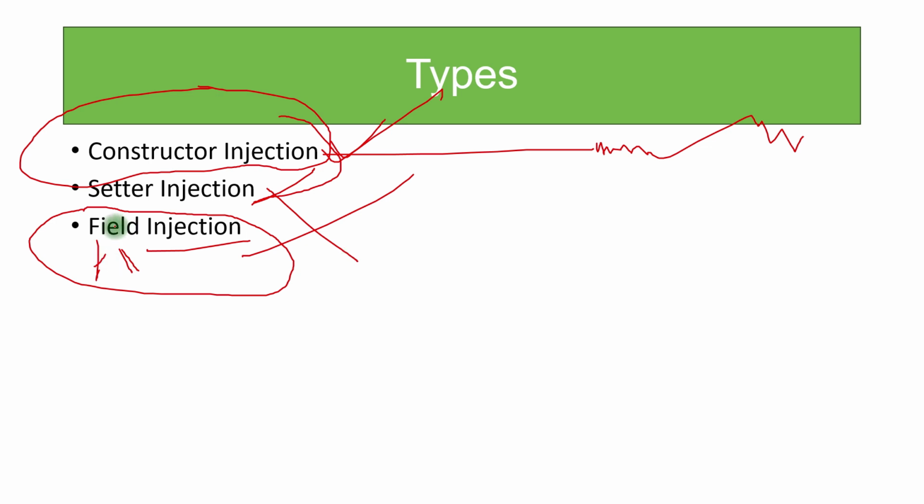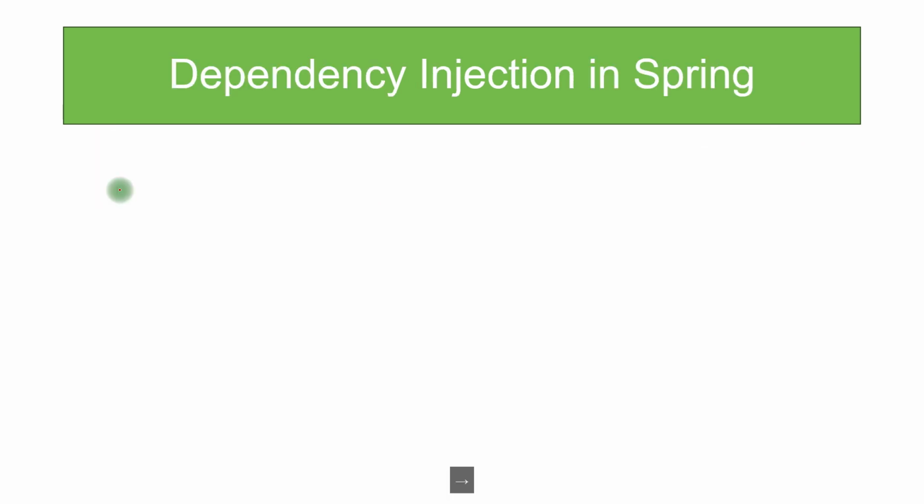Let's say my class has 10 methods, and 5 methods can work without a particular dependency, but a certain dependency is always needed. So whatever is always needed, add that in the constructor. Whatever is optional, add that in the setter injection. That's the story of this one.